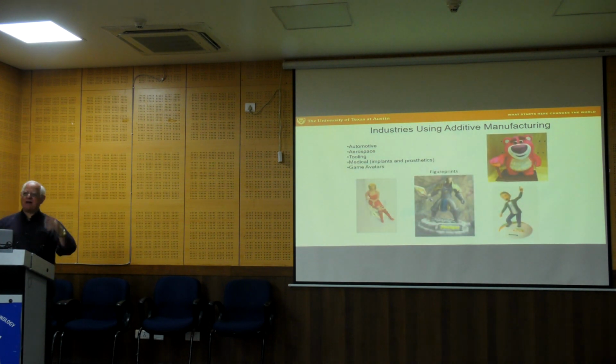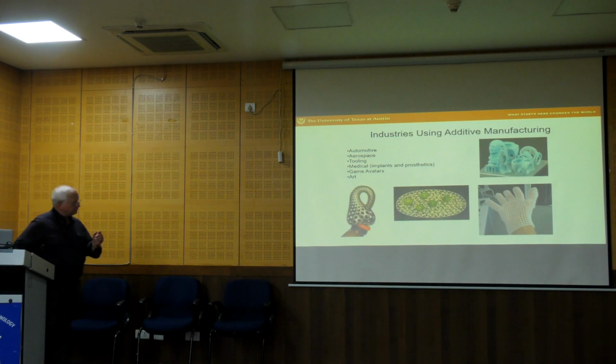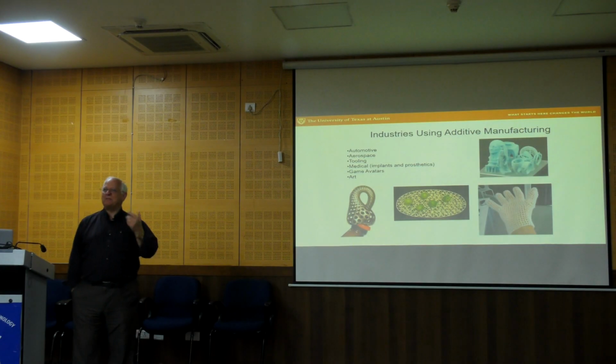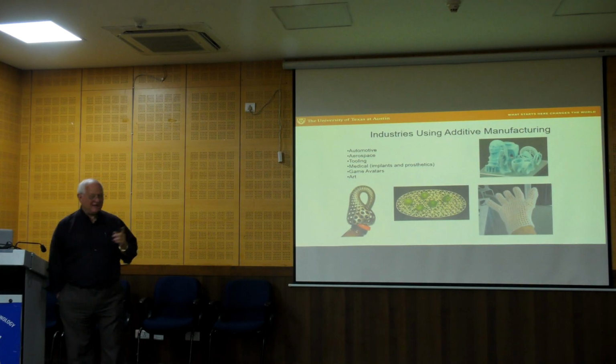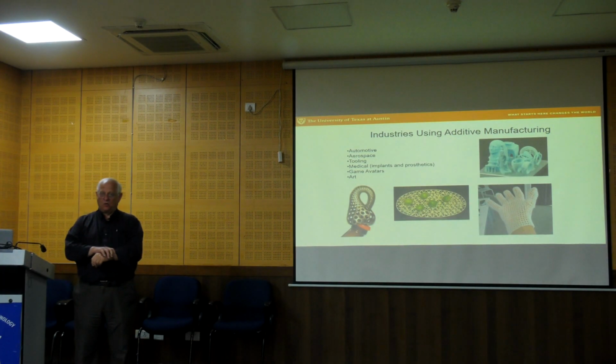Game pieces, you can do game pieces now online, people that will produce these for you. Art is another area. Again, small parts, complicated geometries, low production runs. In art, there's a whole class of so-called digital artists in the world who do their art sitting at a computer.